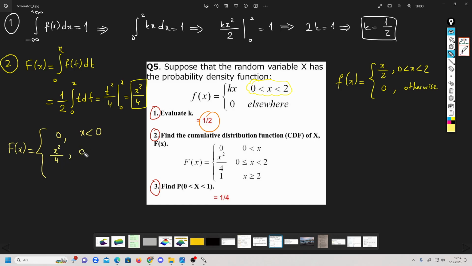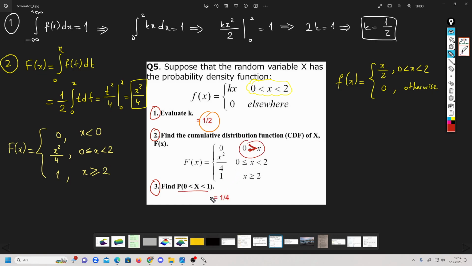Between x 0 and 2, it is x squared over 4, and 1 for x is greater than or equal to 2. This is the cumulative distribution function. So it should be greater than, actually. So x is less than 0.